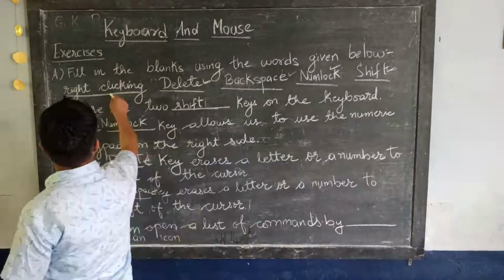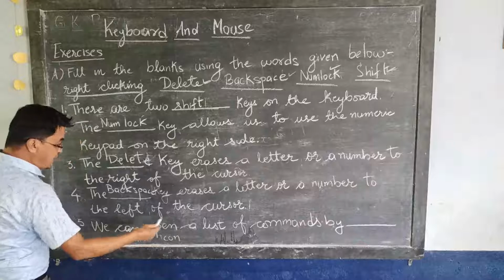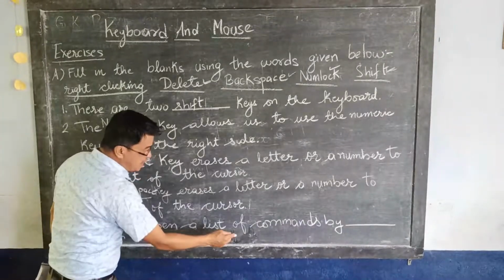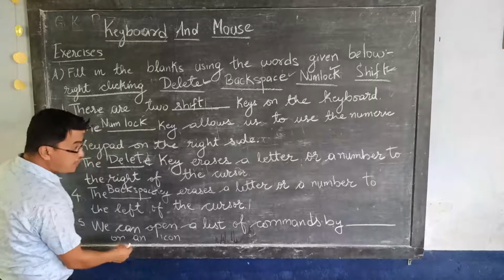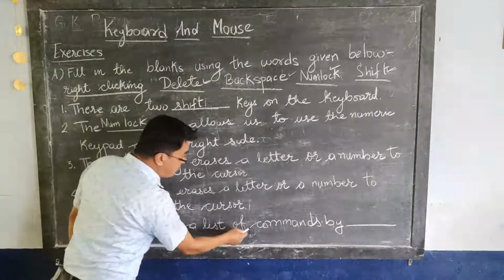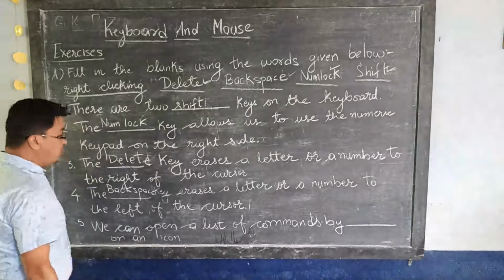The last remaining is right clicking. Now we know the last word is right clicking. We have to fill that in. We can open a list of commands by dash on an icon.